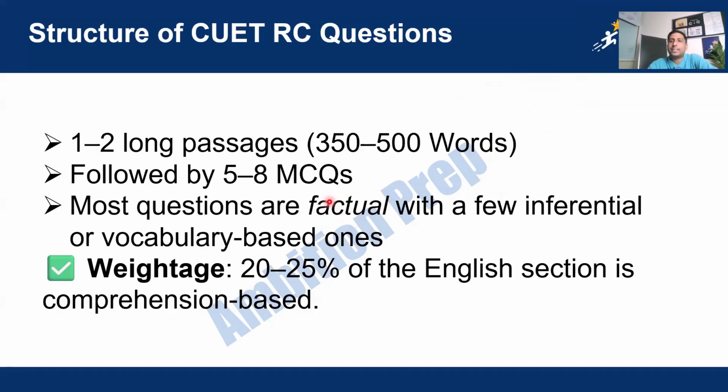A factual passage is a passage that contains some data such as years, dates, or event names. Another type of question or passage found in reading comprehension, especially in CUET, is the inferential one.